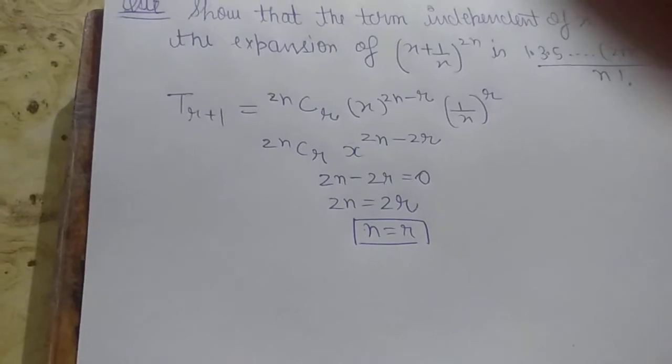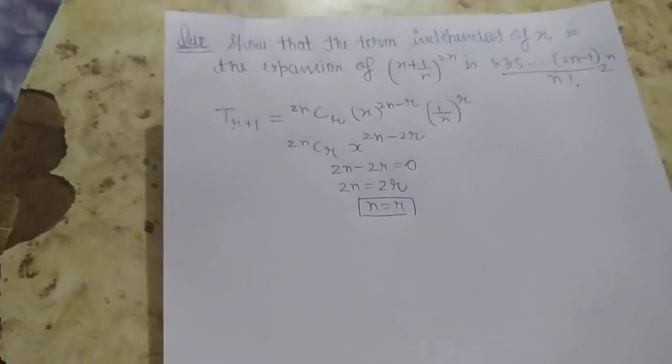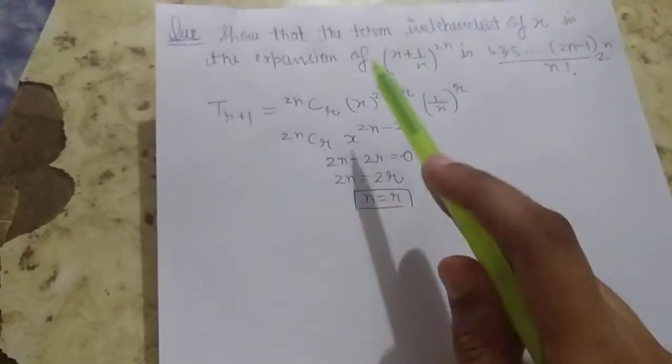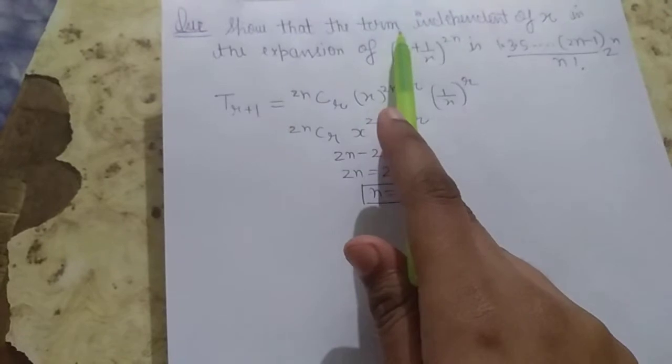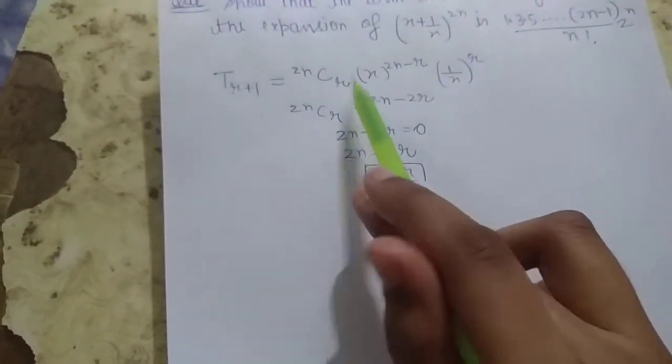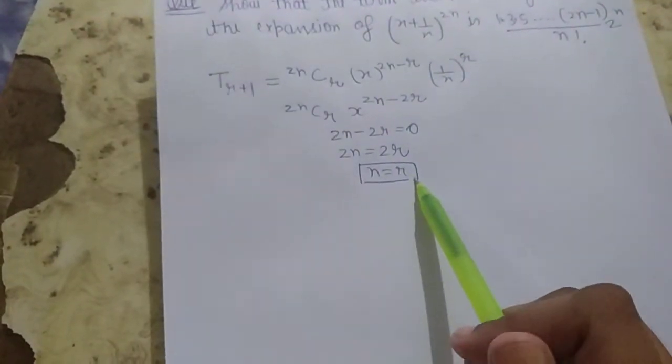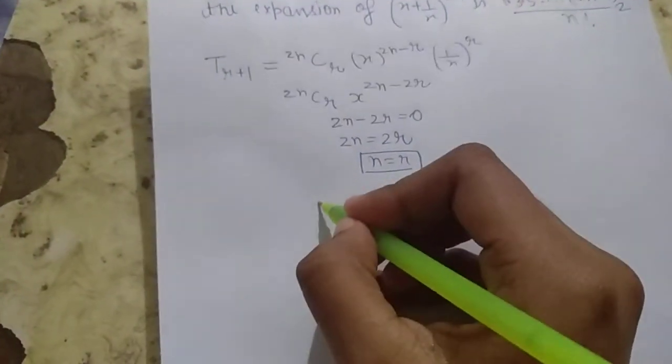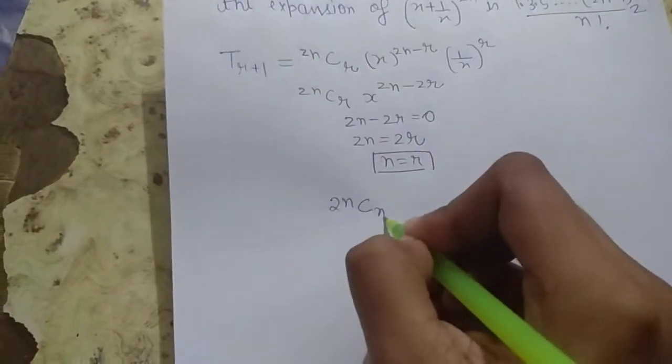So this happens, and now we have to find the term which is independent of x. We solve this term 2n C r, putting n equal to r. So when we solve, what we get is 2n C n.